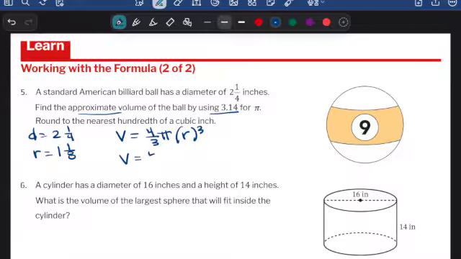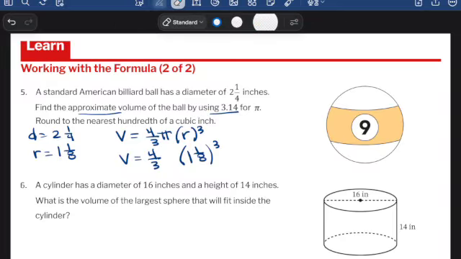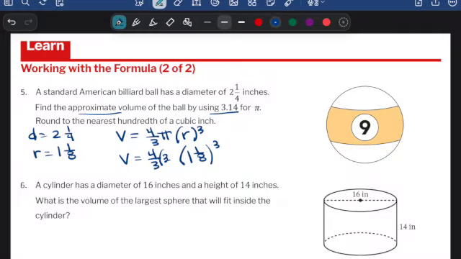Substitute what we know into the equation. So I put the r in parentheses so we know to put the 1 1/8 in parentheses. And everything is cubed. And since we're multiplying by 3.14, we can change pi to times 3.14 in our equation.